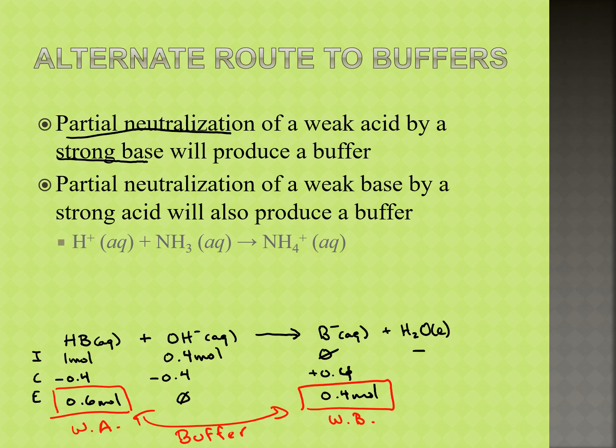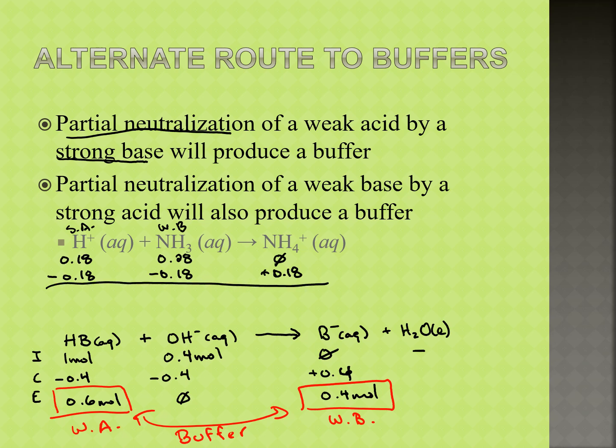Up above, I can do the same thing with a weak base and a strong acid. And again, if I had 0.18 moles of H plus and I added that to 0.28 moles of ammonia, and I started with none of the ammonium cation, we're going to go down by the limiting reactant, which in this case is the strong acid, and we're going to go up over here.